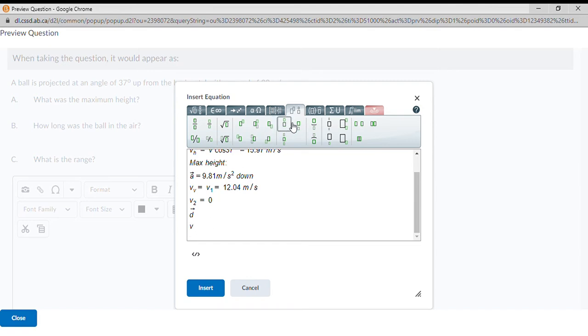So v2 squared is equal to v1 squared plus 2AD.